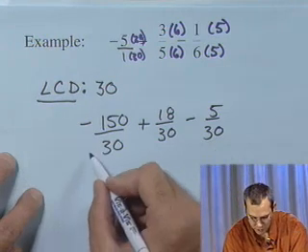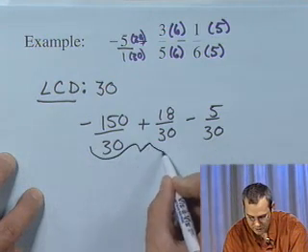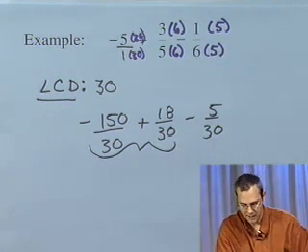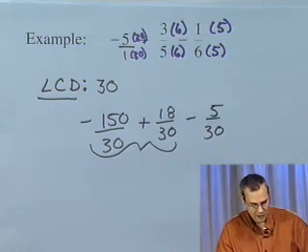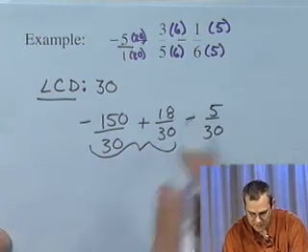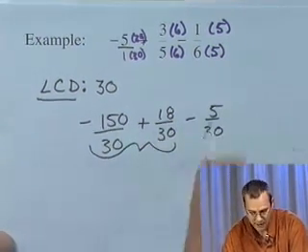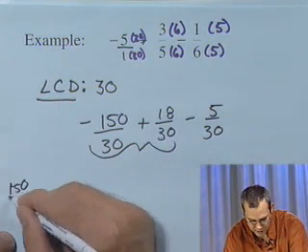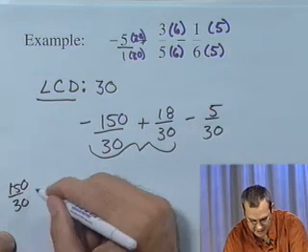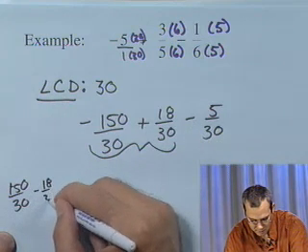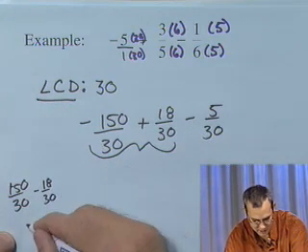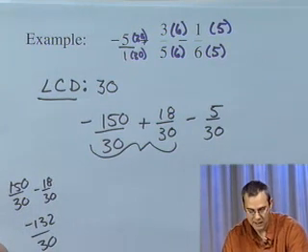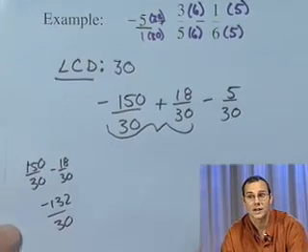So what I think I will do is I will first simplify the first two, and then I'll go ahead and combine it with negative 5/30. Well, remember to do this, I take the difference in the absolute value. So I take 150 over 30 minus 18 over 30, which is negative 132 over 30, because I have to keep the sign of the larger value.